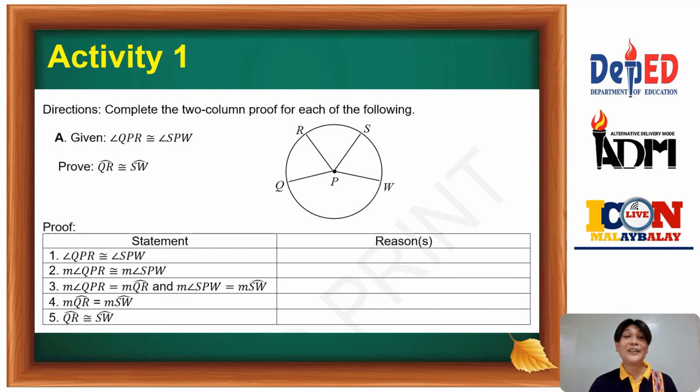Okay, so the good thing is that all the statements are given already. So all you have to do is find the reason. So easy, right? Let's go answer activity 1.